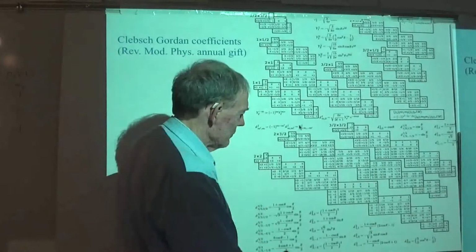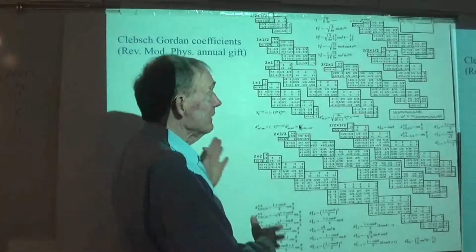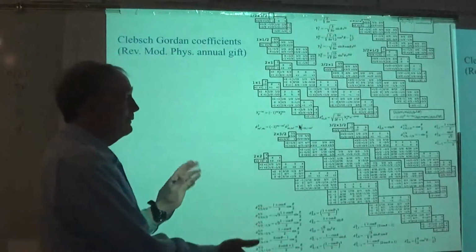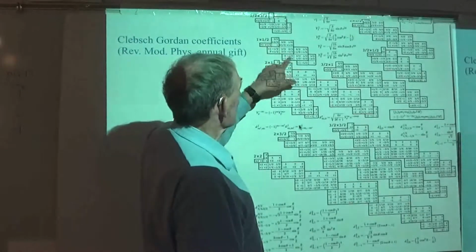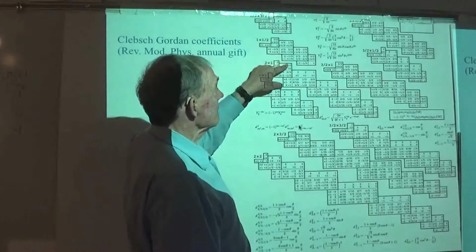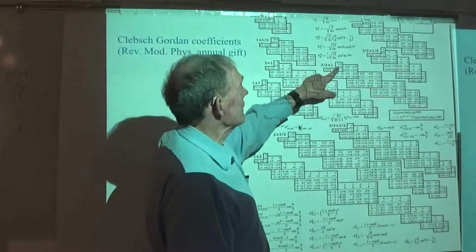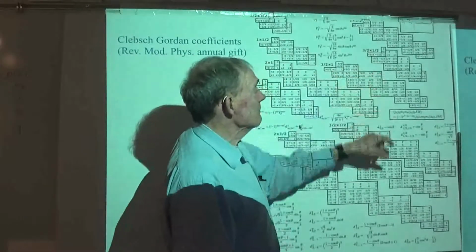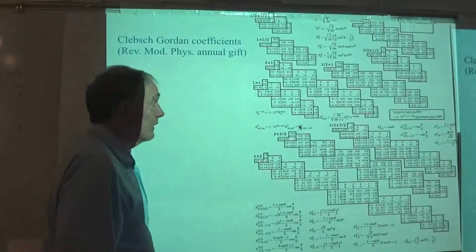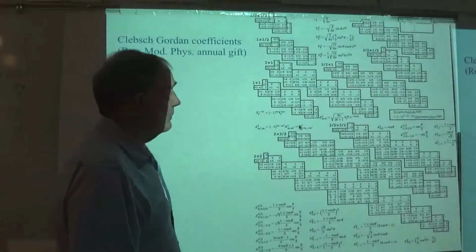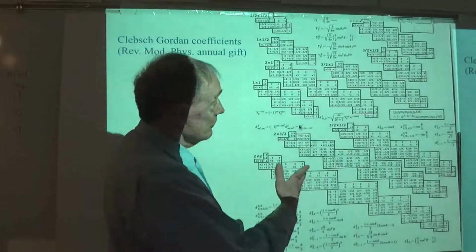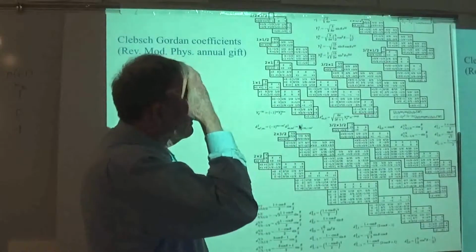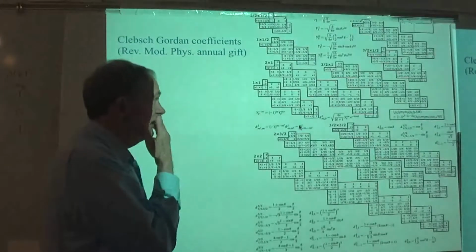I thought it was better than putting a hole through some of the D functions that they very kindly give with this table. In any case, we're going to have to work with 1 cross 1/2, 3/2 cross 1, and 3/2 cross 3/2 would be fair game for us as we try to look at spin-orbit a little bit more closely, and as we try to look at some of the hyperfine stuff that comes up in the molecules.